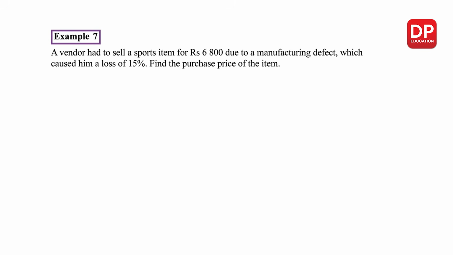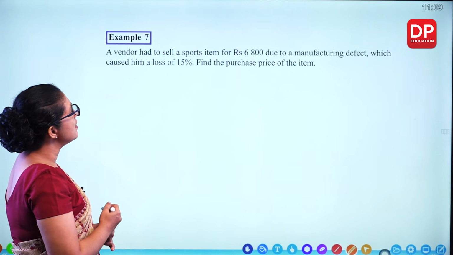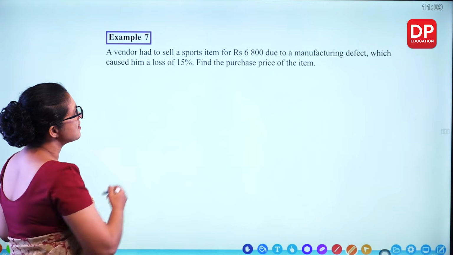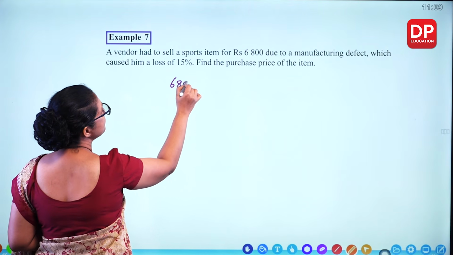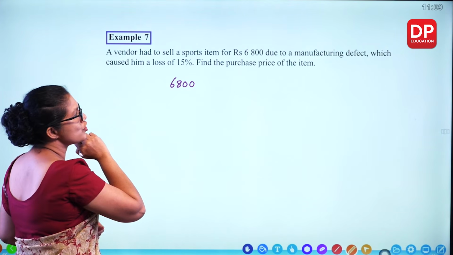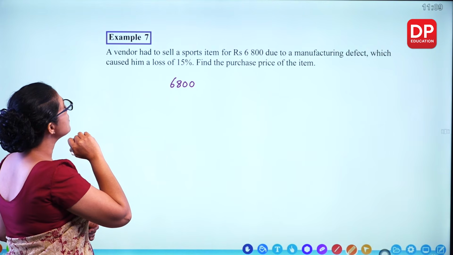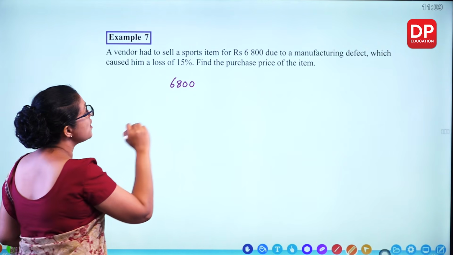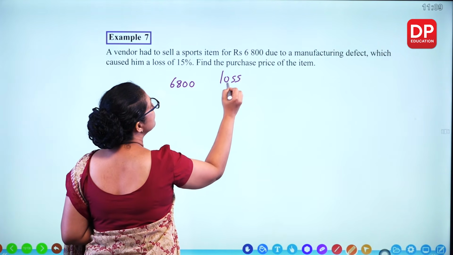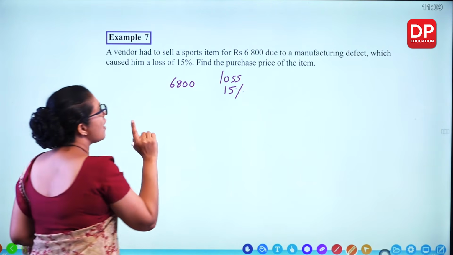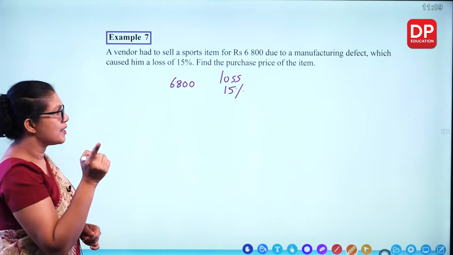Example number 7. A vendor had to sell a sports item for 6,800 due to a manufacturing defect, which caused him a loss of 15%. Find the purchase price of item.